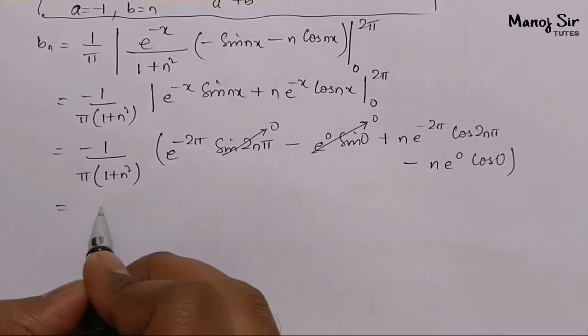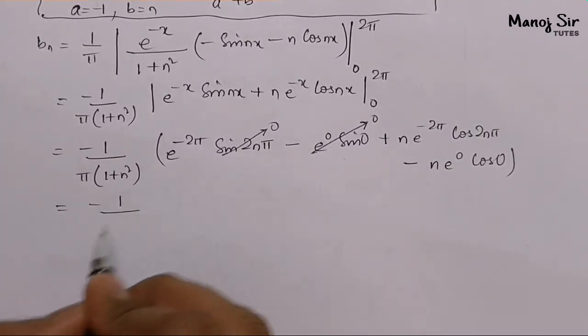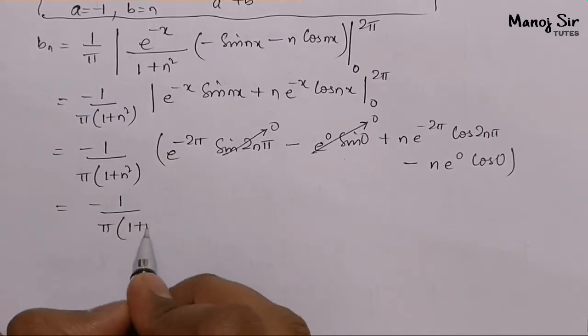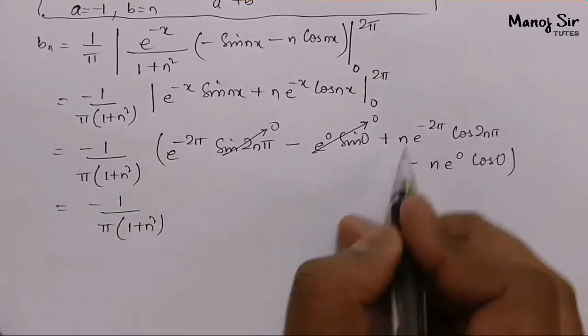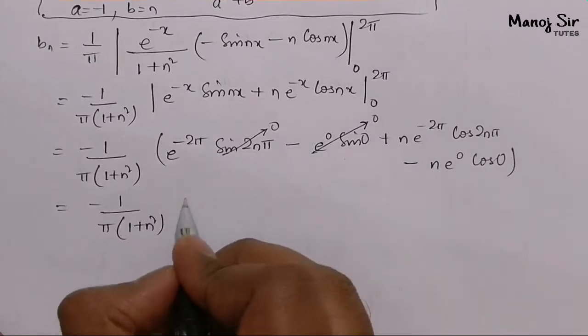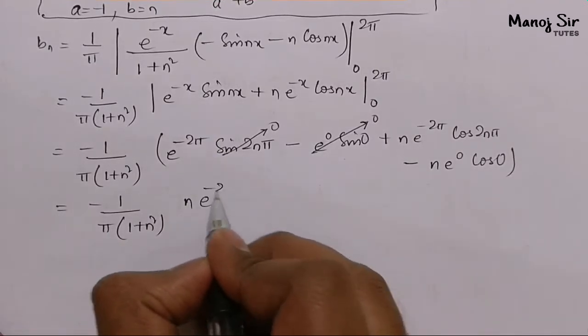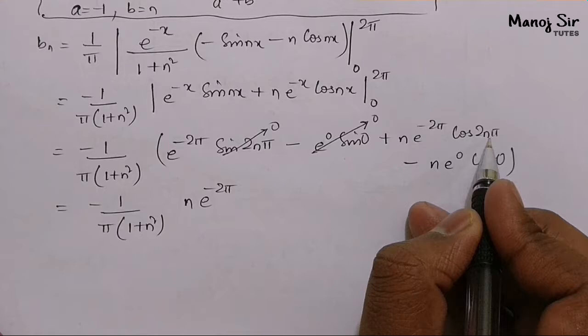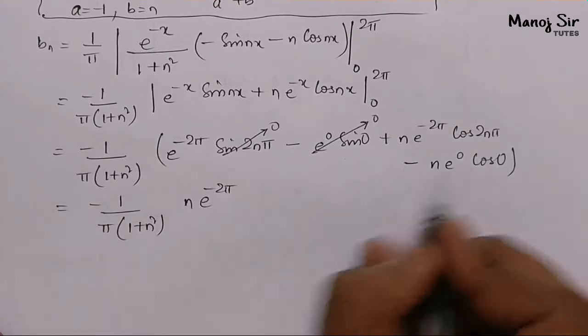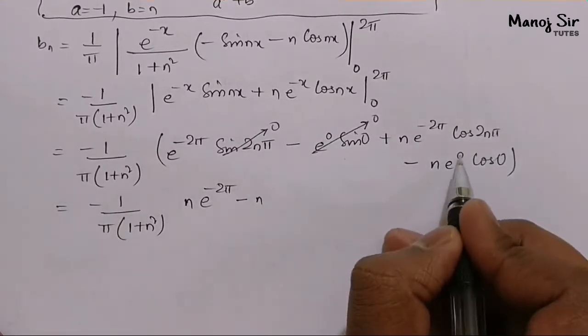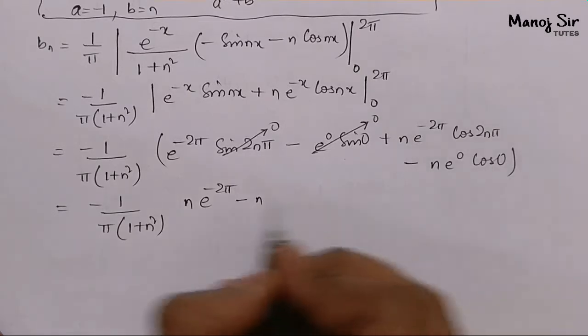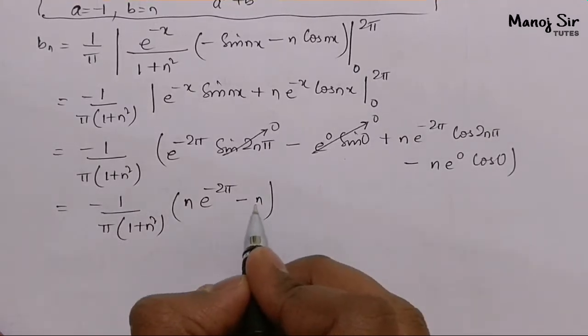Write minus 1 upon pi times 1 plus n square. n into e to the power minus 2 pi cos 2n pi is 1. Now come to this part, that is n times e to the power 0 is 1, cos 0 is also 1, so this is minus n.